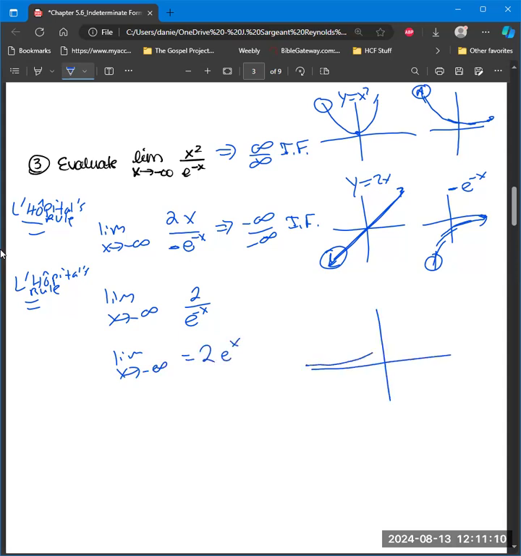So e to the x looks like this, and just doubling the y values, that 2 is not going to affect the end behavior out here. e to the x as I go to negative infinity is going to tend towards 0. So this is 2 times the limit as x goes to negative infinity of e to the x, which is equal to 2 times 0, which is 0.